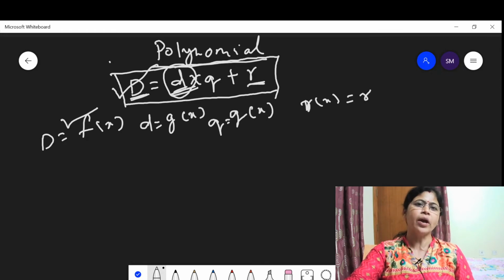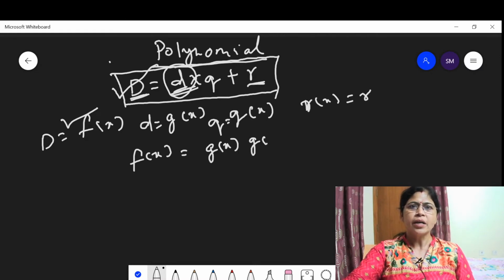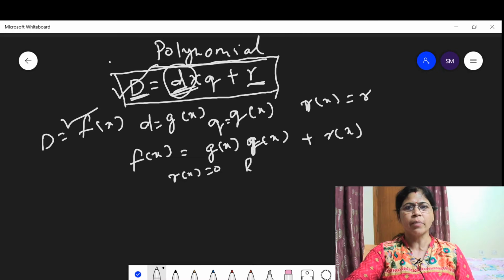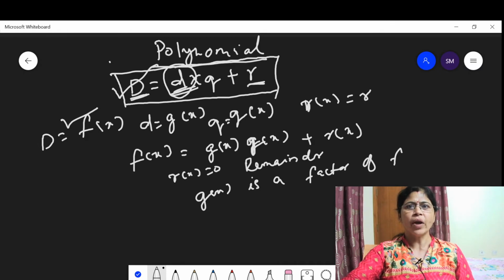In the same way, suppose f(x) is the polynomial, and when divided by g(x) we get q(x) as the quotient and r(x) as the remainder. When r(x) is equal to 0, this shows that g(x) is a factor of f(x).